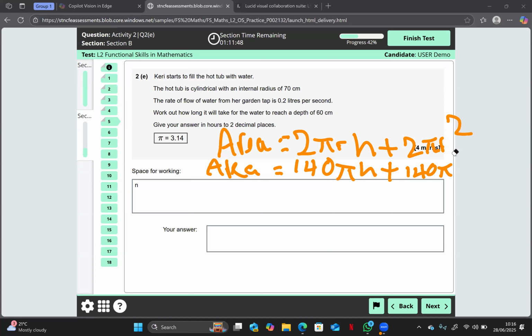So it would be 9,800 pi. The depth is 60 meters.